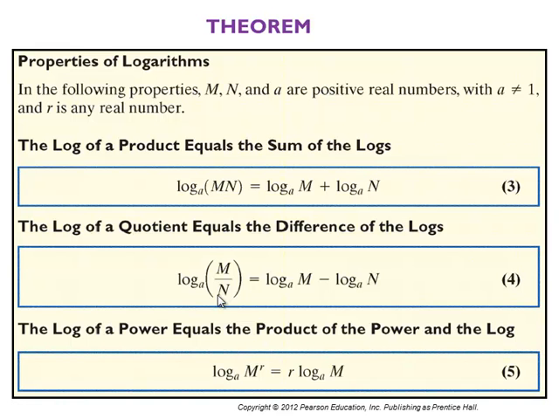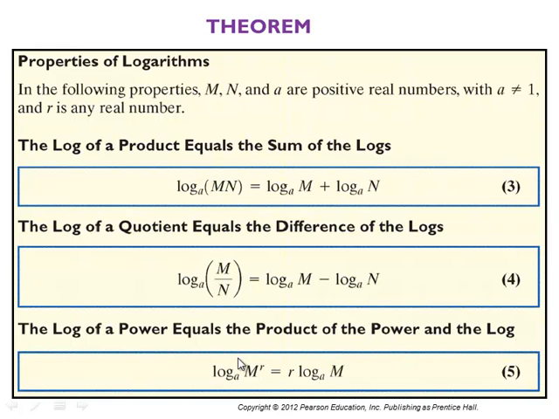Here are some important properties of logarithms. If you've taken the logarithm of some base of the product of two numbers, that's the same thing as the sum of the logarithms of those two numbers. The logarithm of the quotient of two numbers is the same as the difference of the logarithms of those two numbers.